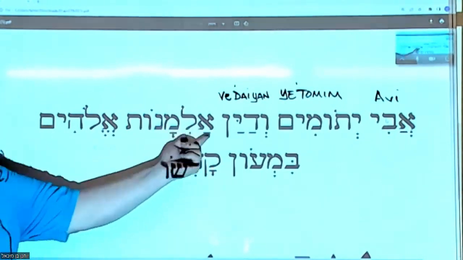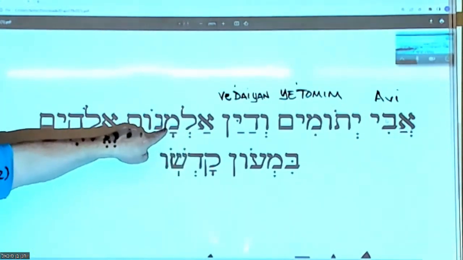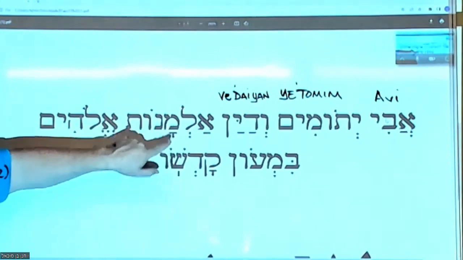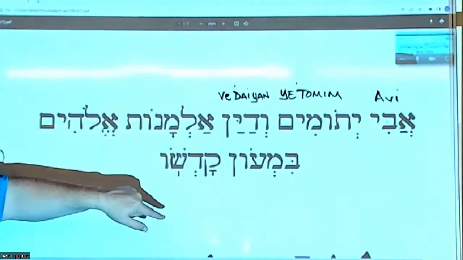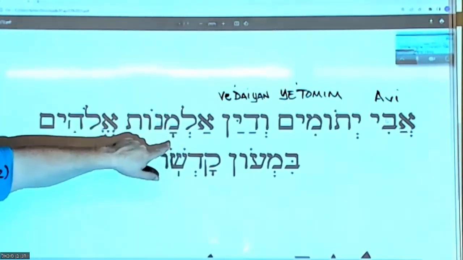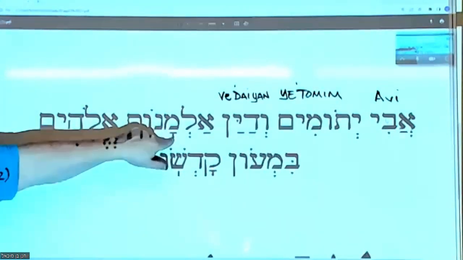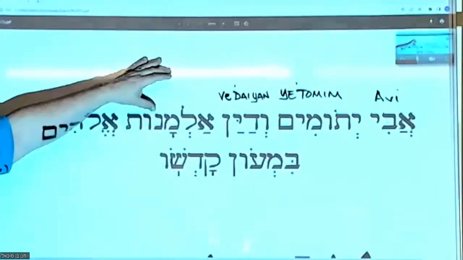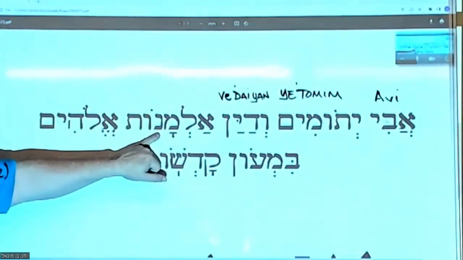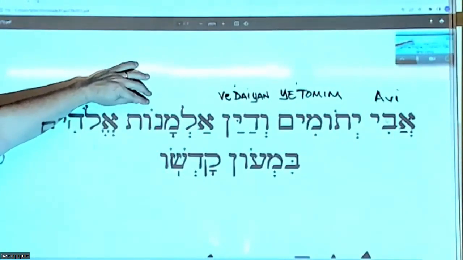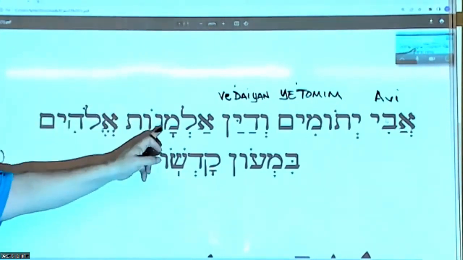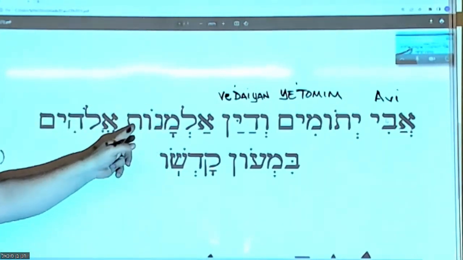Okay? Al. Then we have the letter mem, which we know makes an M sound. And then it's pointed how? With kamatz, long duration A-type vowel. Then we have the letter nun, and how's it pointed? Holem vav, so long O. So no. Then we have the tav at the end.